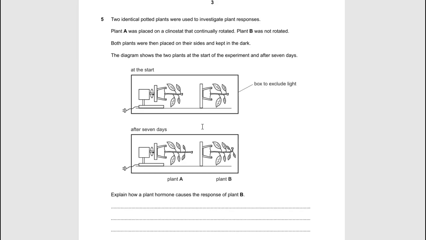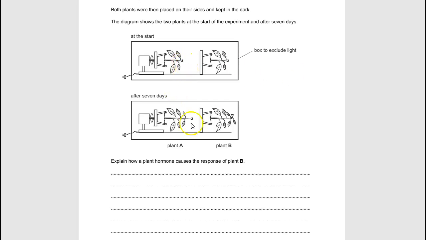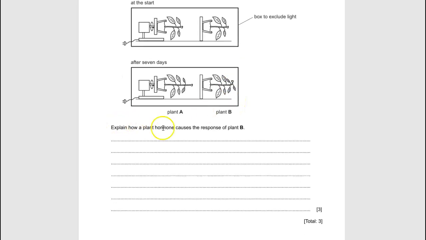The diagram shows the two plants at the start of the experiment and after 7 days. So this is at the start, and after 7 days plant A just grew taller, and plant B rose up. Explain how a plant hormone causes the response for plant B. This one will come back at last.